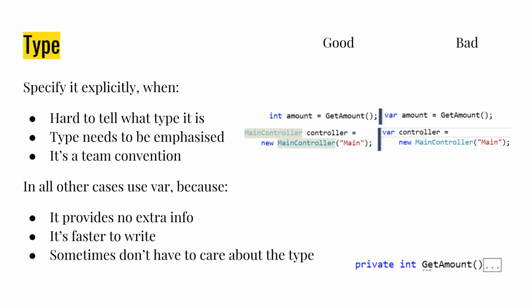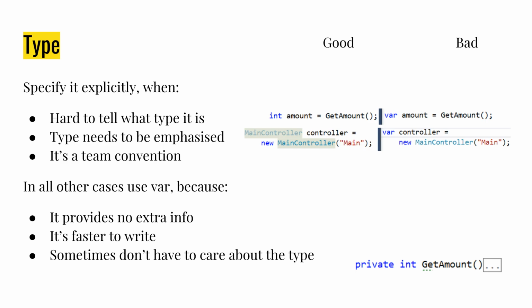On the other hand, if it's really hard to determine what the type is just from the name of a function, for example, in this case, we have GetAmount. Amount could be an integer, it could be a float, a double, decimal maybe. We don't know.